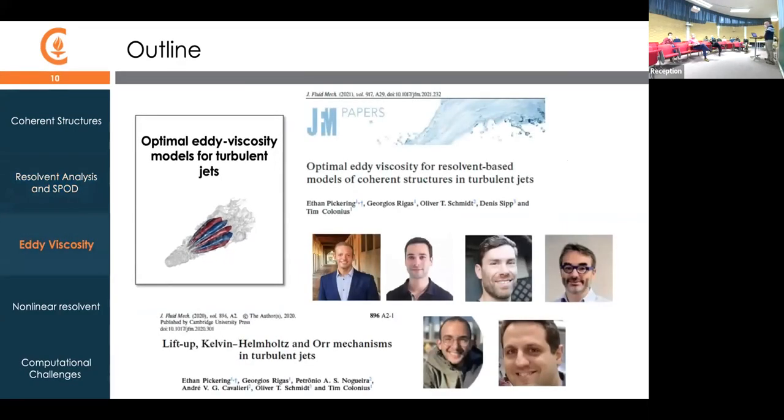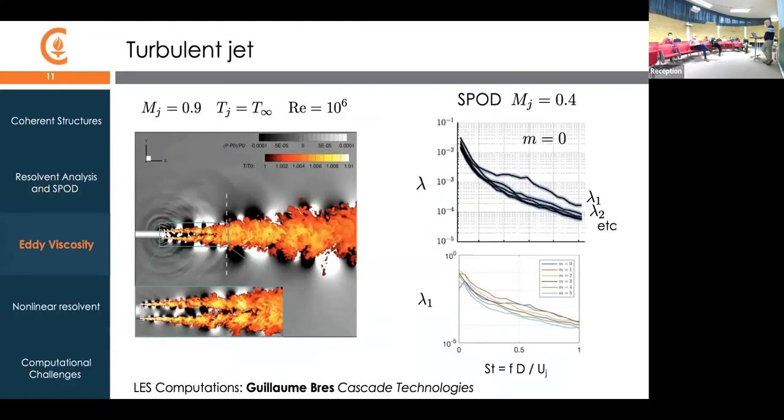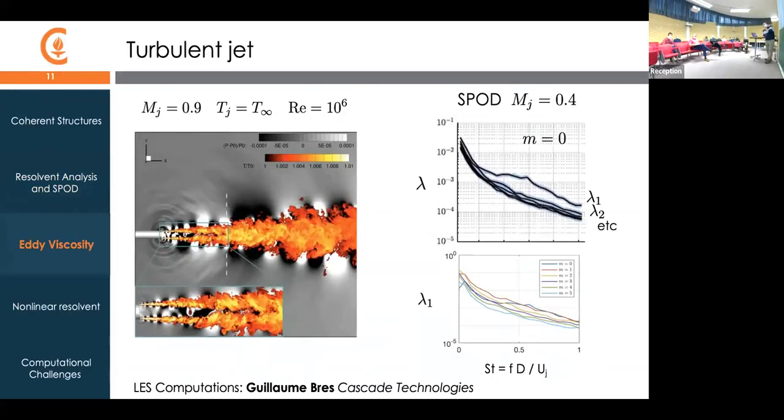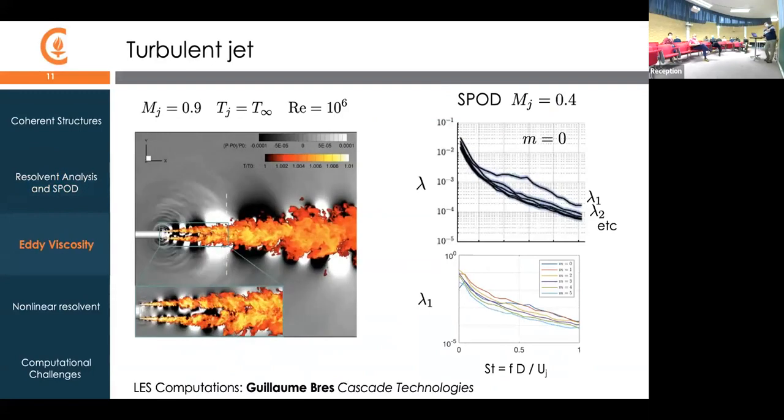So this work on optimal eddy viscosity was the PhD thesis of Ethan Pickering. George Rigas, Oliver Schmidt, Denny Sipp, Andre Cavalieri, and Petronio Nogueira were all closely involved in this work. The focus here is on a high Reynolds number turbulent jet, so Reynolds number 1 million.